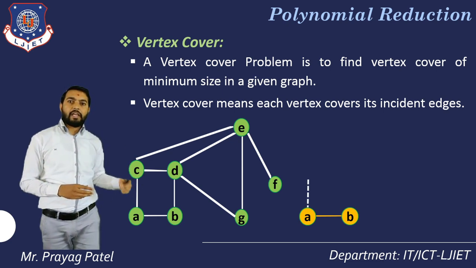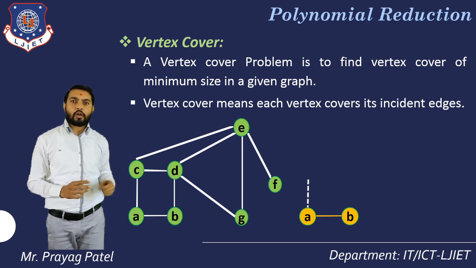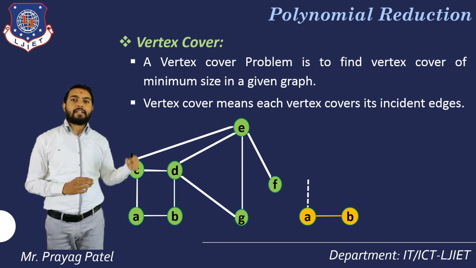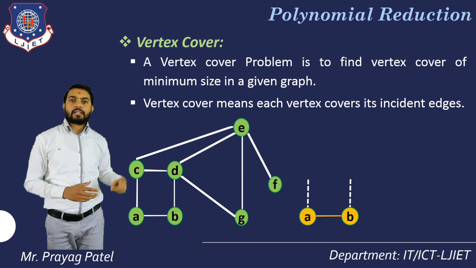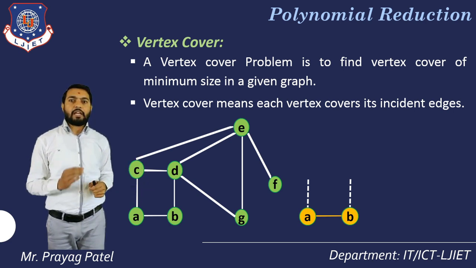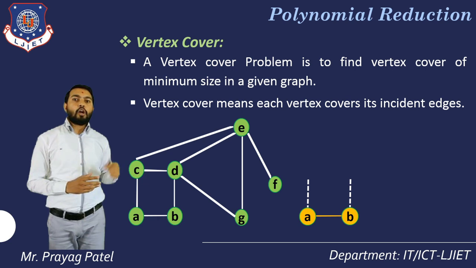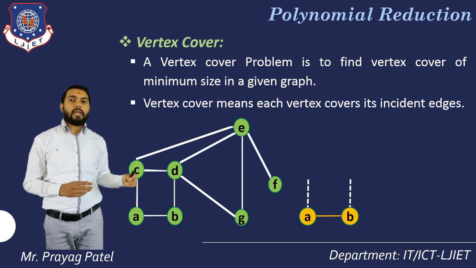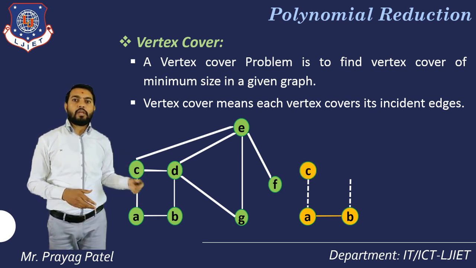That means here the connected edge from A to C is ignored. A dashed line is considered as an ignorable edge. Now next, the B to D edge is also ignorable because here we consider A and B as selected. So all the edges connected with A and B are ignored. So here these two edges are ignored.